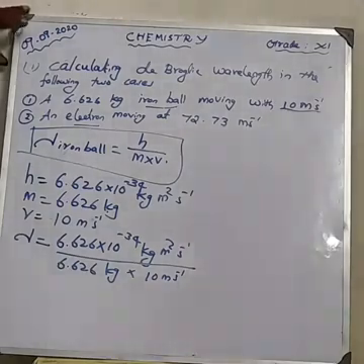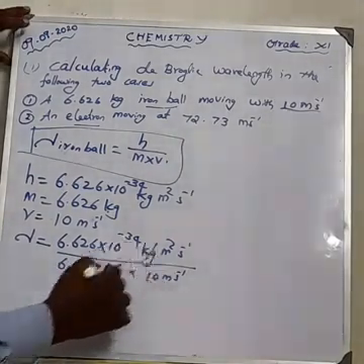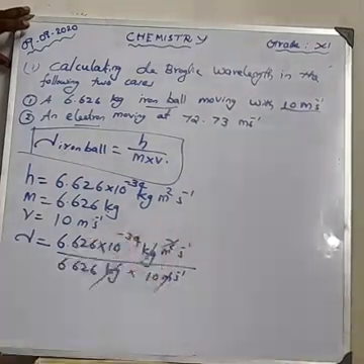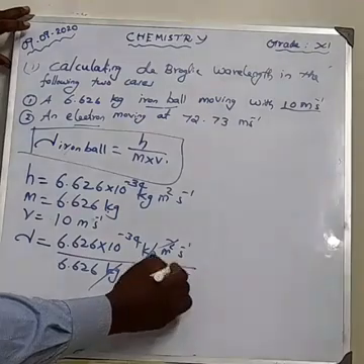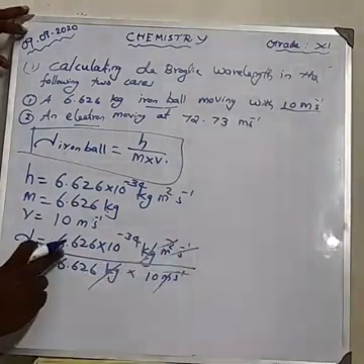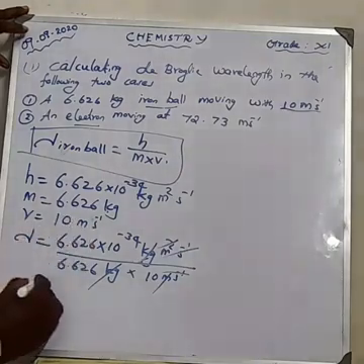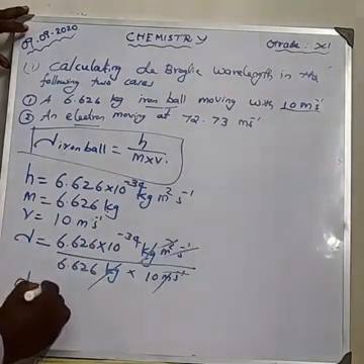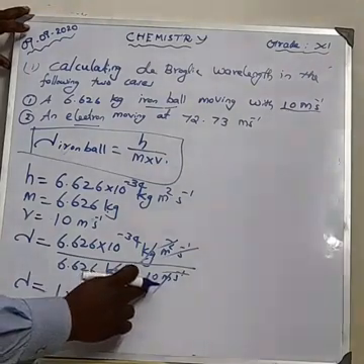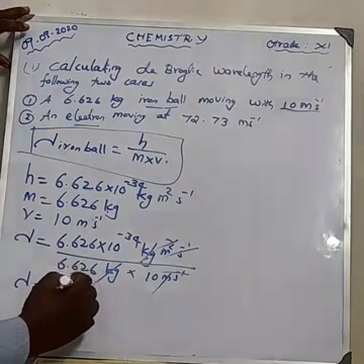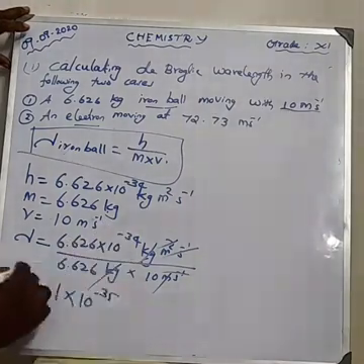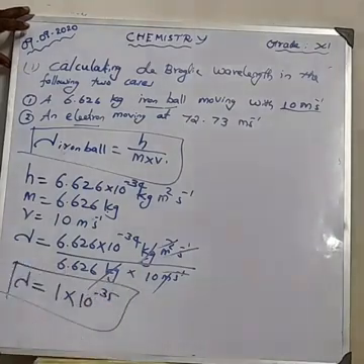Kilogram can be cancelled. Second inverse can be cancelled. And this term is converted to 1. So lambda is equal to 1 into 10 to the power minus 35. This is the answer. Clear?